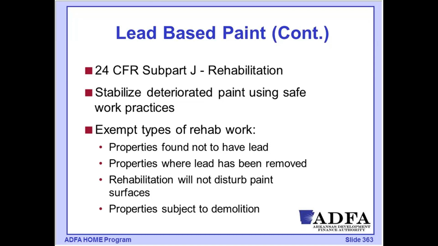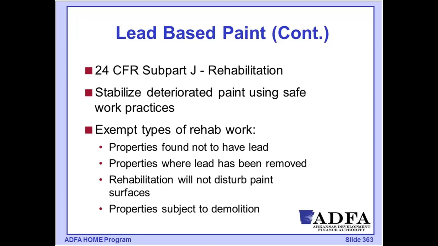There are some properties that would be exempt from this. If we have a property that is found not to have lead, and we know that anything that is 1978 or newer is exempt, we might also have a property where a risk assessment determines that no lead paint has been used.